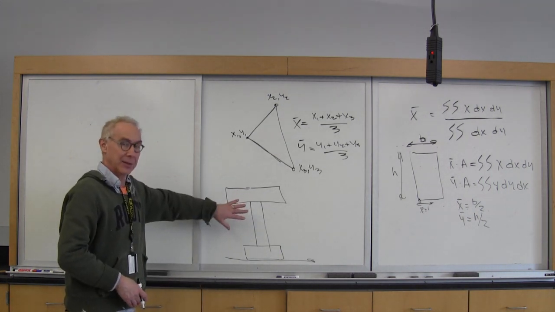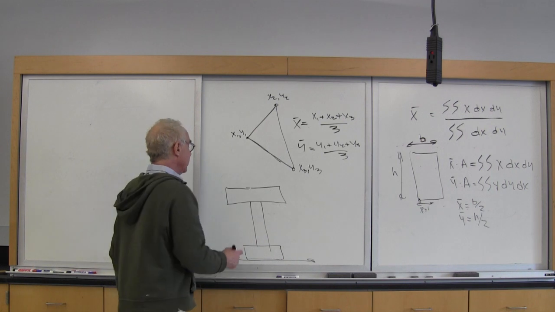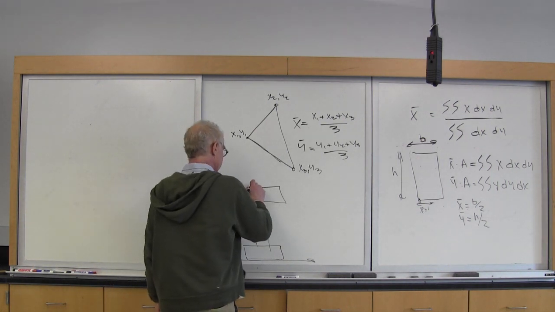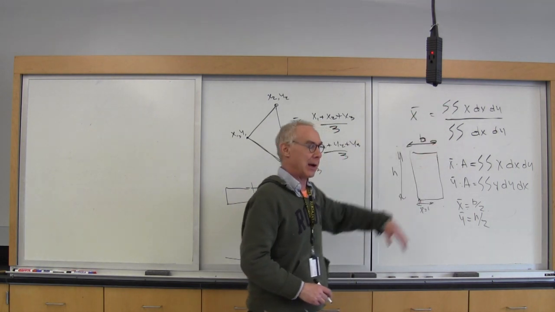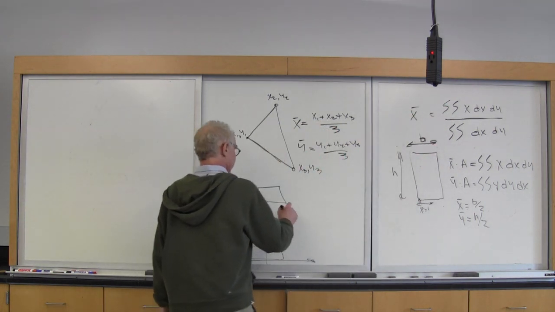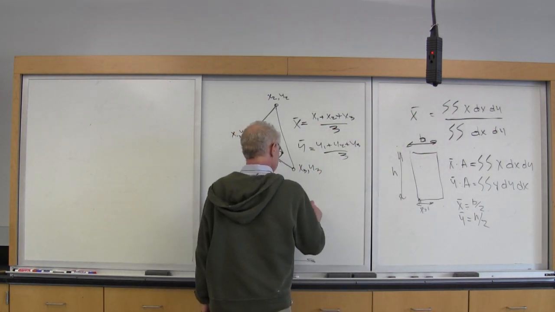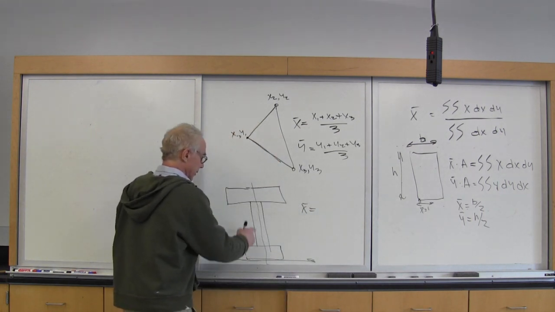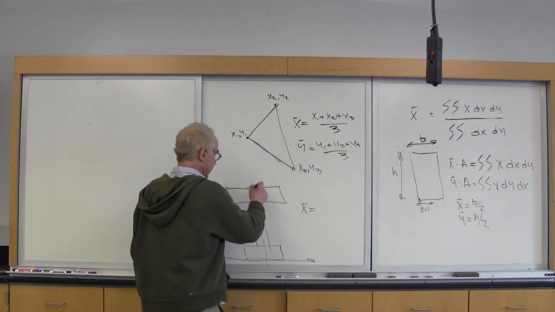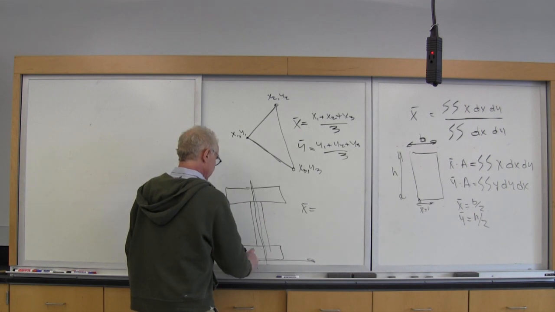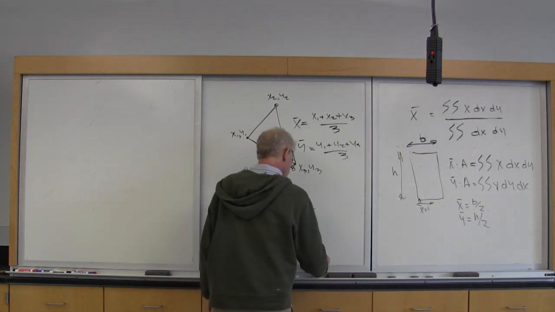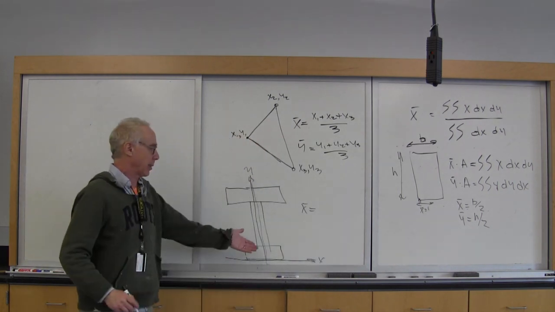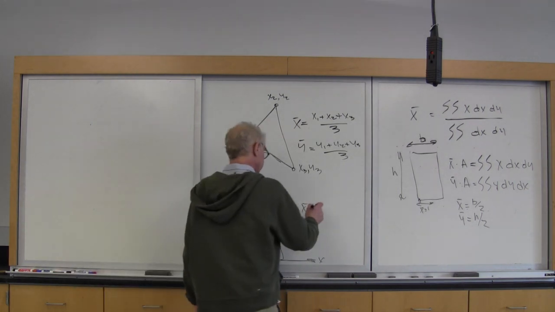In that instance, we should automatically know, if you haven't figured this out already, that our x bar equals essentially the center of this thing. Imagine that our coordinate system is like this: that's y, that's x. Our x bar would be equal to 0.